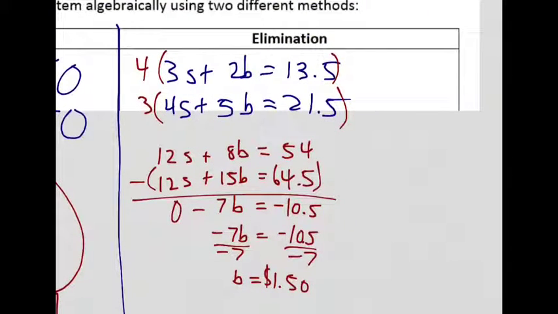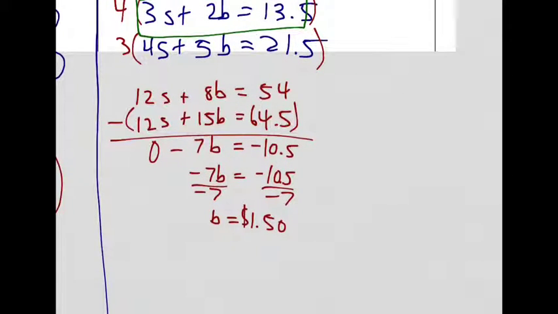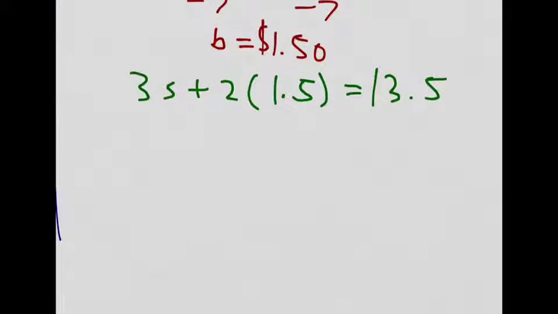Now I'm going to use that value for B and put it into this equation right here. So that's 3S plus 2 times 1.5 equals 13.5. Again, I've just substituted the value that I found, 1.5, for B. Solving for S, this turns into 3.